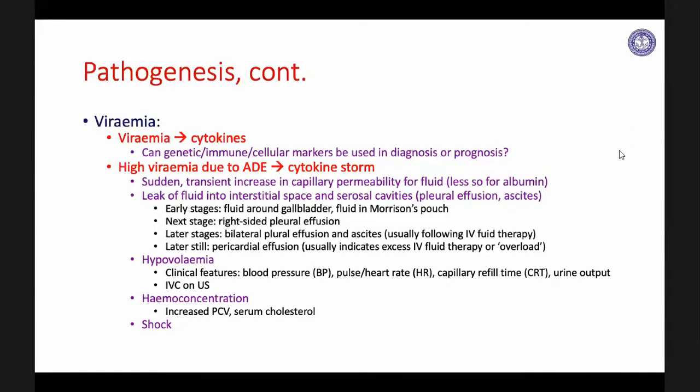So there's a general belief that you don't get dengue more than about 2 or 3 times, but it's possible. But certainly the second time and third time are very dangerous because of the possibility of antibody-dependent enhancement.